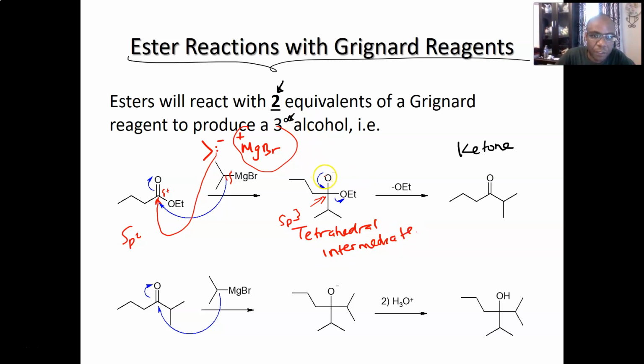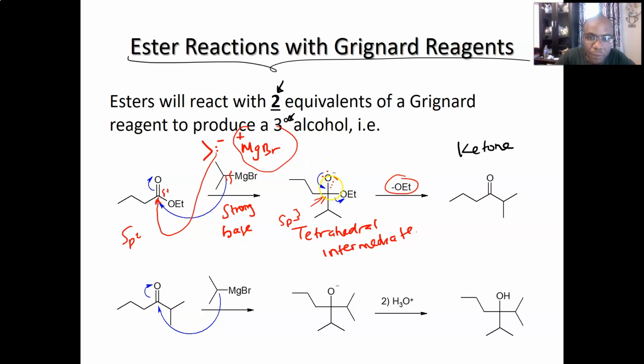Of which the lone pair of oxygen can come back to make a double bond, because Grignards are in a very strong base environment. Grignards are strong bases, strong nucleophiles. So the OEt can leave even though it's a strong base, but the Grignard itself is a stronger base than OEt minus.